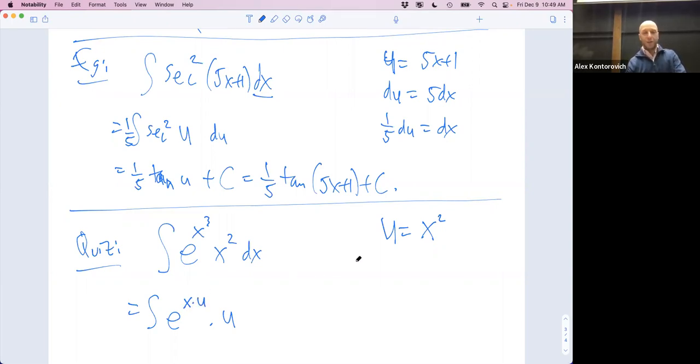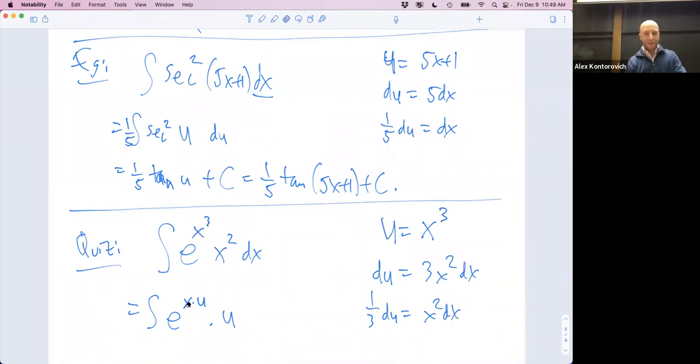Those of you that did x cubed, how many of you did x cubed? X cubed is kind of a natural thing because the derivative of x cubed is roughly x squared, except for this factor of 3. That's okay. That doesn't bother me. Now it looks like something that we recognize.